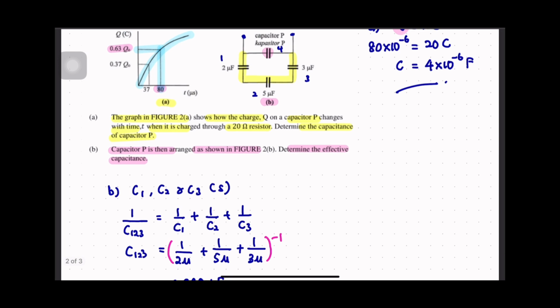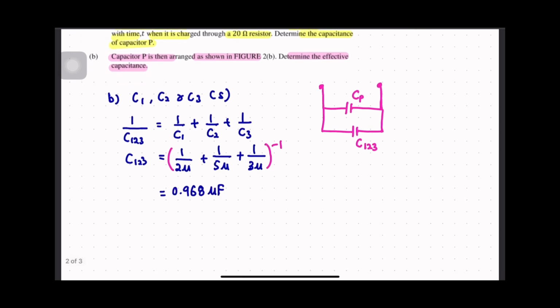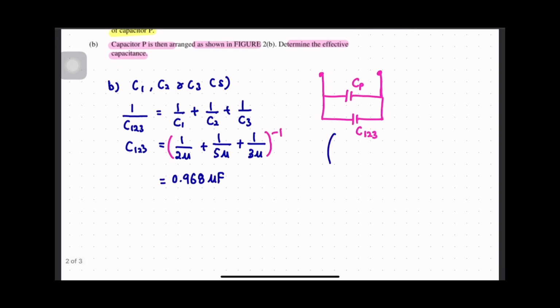Means that lepas kita dah buat combination ni, dia punya circuit ni akan jadi like this. This is capacitor P, this is C123. Okay, so ni adalah supply lah, potential difference dia.